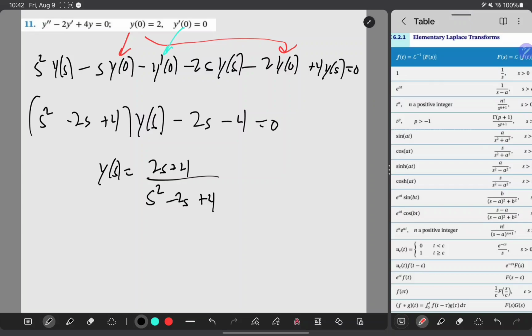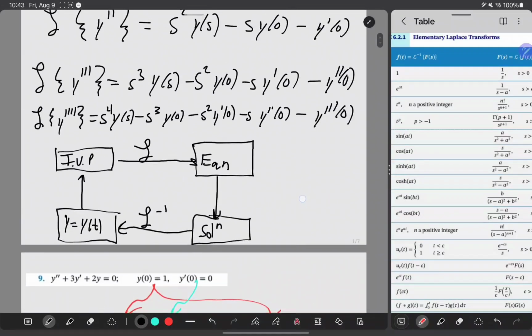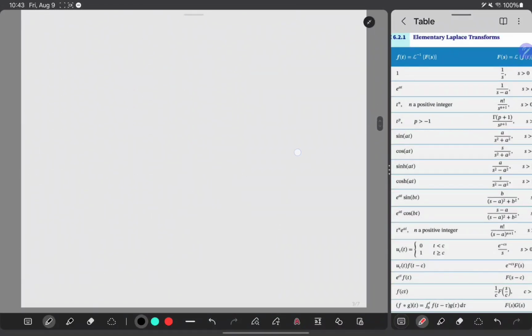I wonder if I complete the square, if I'll get an s. Oh wait, this should be minus. Meaning this would be minus 4. Oh, the first terms are positive. Are they? Yes, they are. My bad.